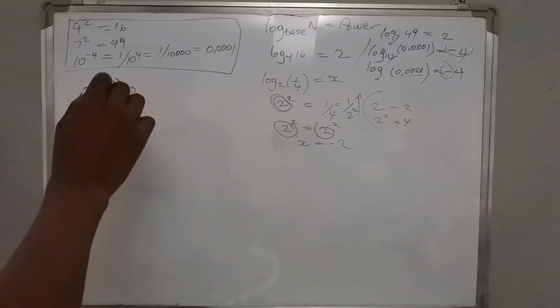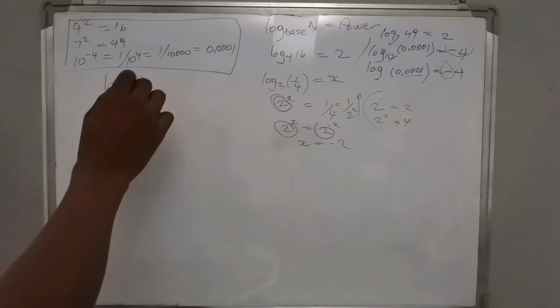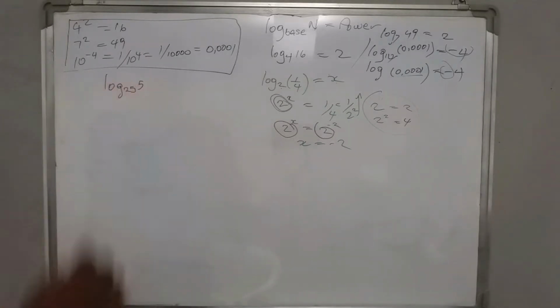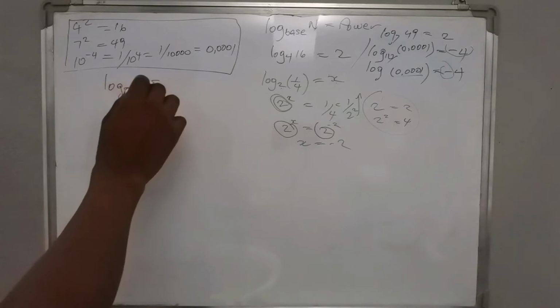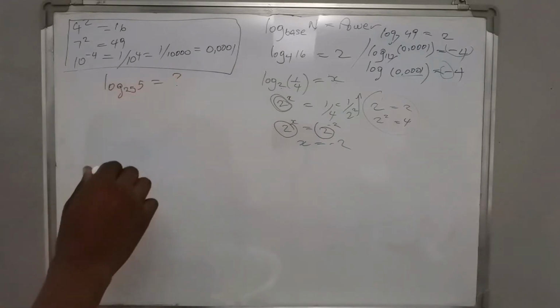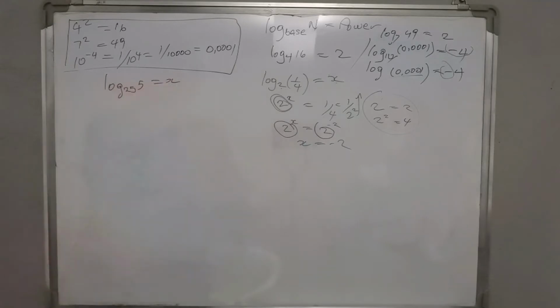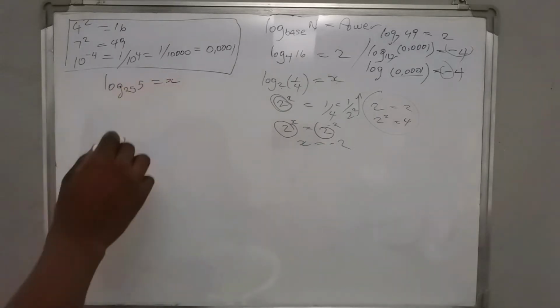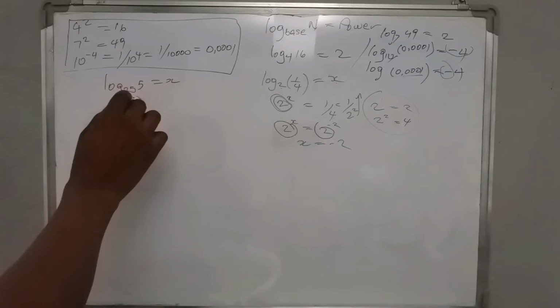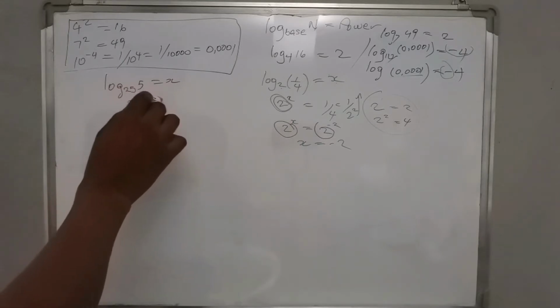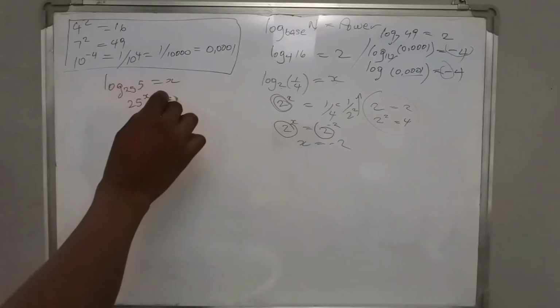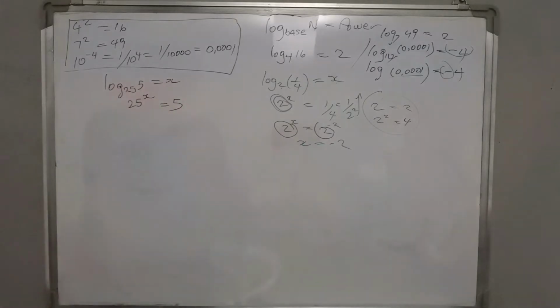So lo log raised to 25 asithi bekuno 5 la. Then we are asked to solve this. Siyazi ukuthi we will let this equal to x, right? Bese siyibuyisela kwi-exponential form ngemva kwalokho. Siyazi ukuthi ipower le, so this is the same as 25 raised to x equal to 5.